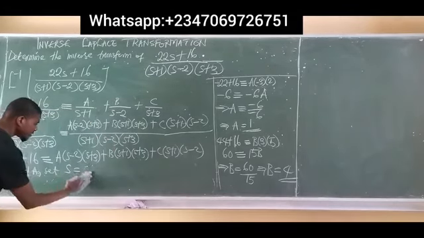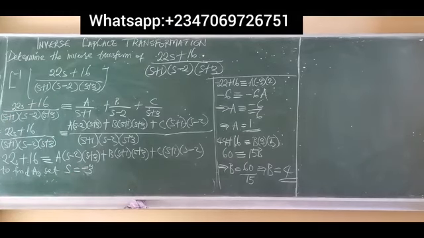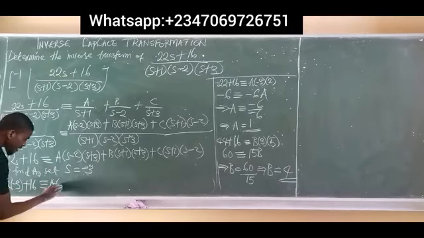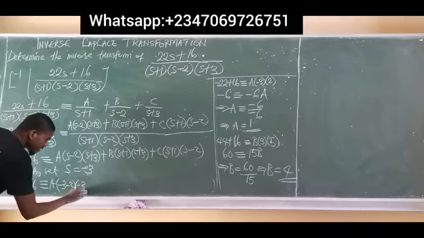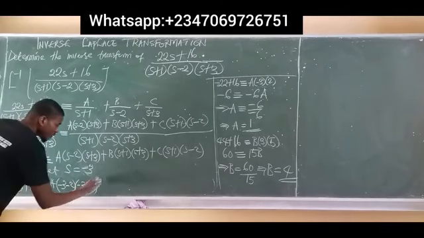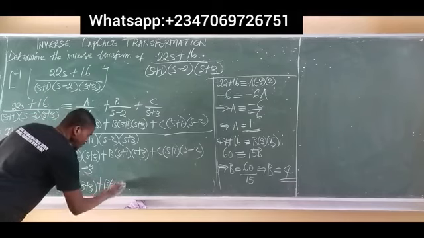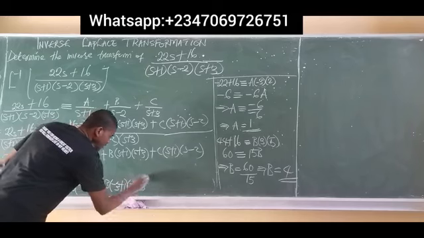Alright, to find c, you set s to be equal to minus 3. Wherever you see s now, put in the value as minus 3. I have 22s here, it becomes 22 times minus 3 plus 16, and this is equivalent to a into s minus 2, s is minus 3, so minus 3 minus 2, into s plus 3, and s now is minus 3 plus 3. Plus b into, I have s plus 1 here, s is minus 3, so minus 3 plus 1, into s plus 3, s is minus 3 plus 3.